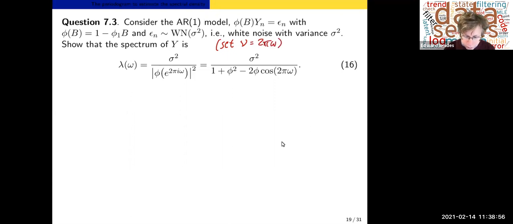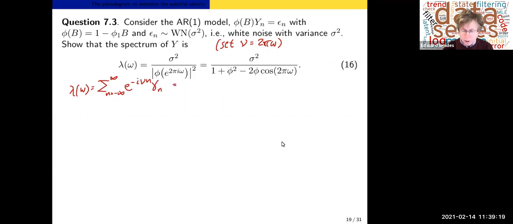And then if I want to work out lambda of omega, I know that what I need to do is work out the Fourier transform, the sum of e to the minus i nu n times gamma_n.